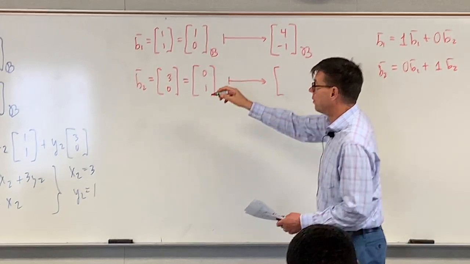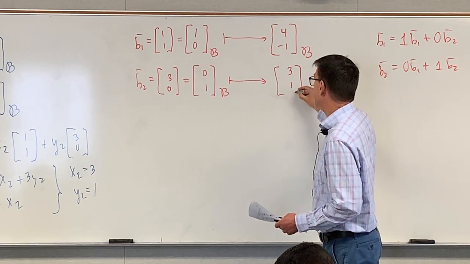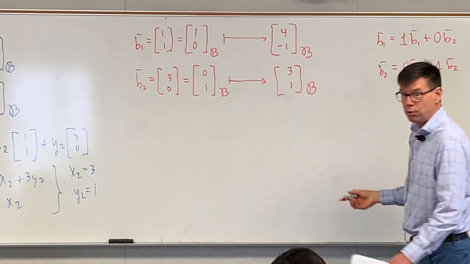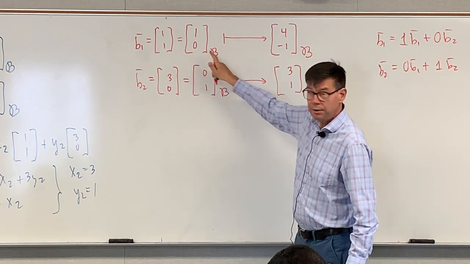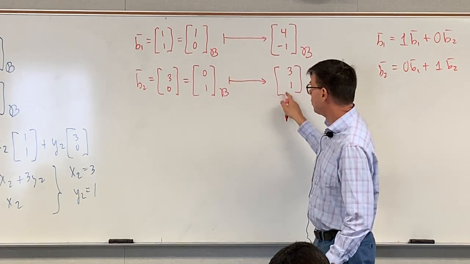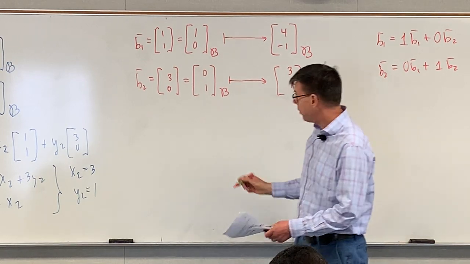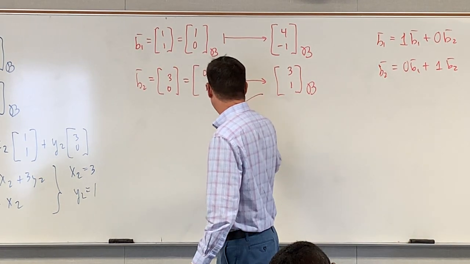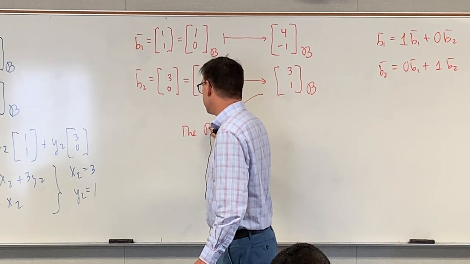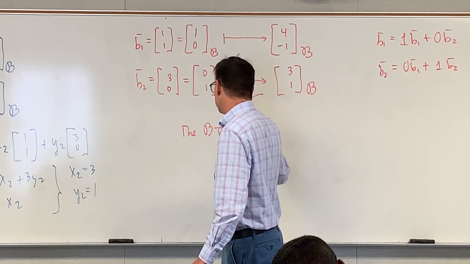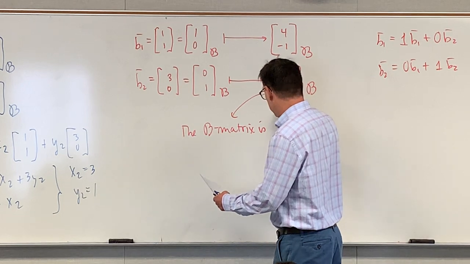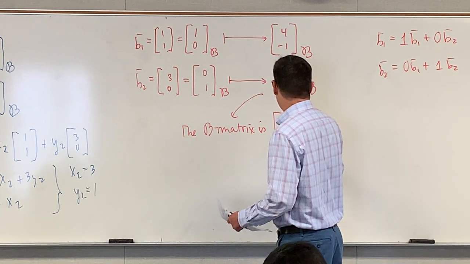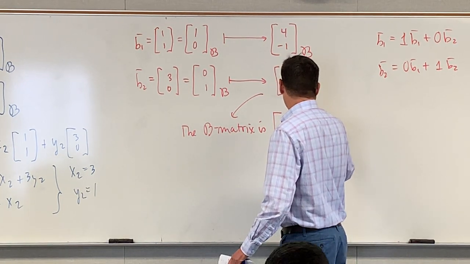And we just notice that corresponds to 3, 1 in B coordinates. So in the land of B coordinates, this vector corresponds to that. This vector corresponds to that. So that means the B matrix is going to be 4, negative 1, 3, 1.